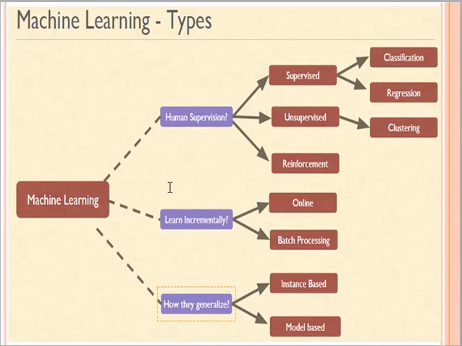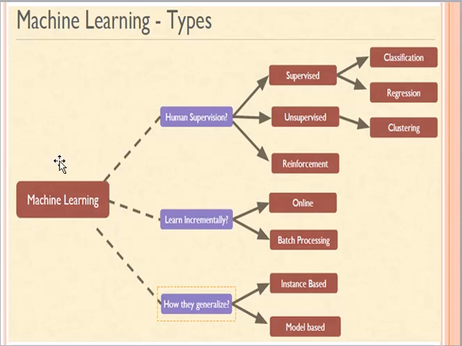Okay, so after having a formal definition of machine learning, now let's see what the different types of machine learning are, and what the basic concepts involved in machine learning are. So here you can see that we have a tree-like structure in which we have different branches, and each branch represents different categories or different types of machine learning, right?